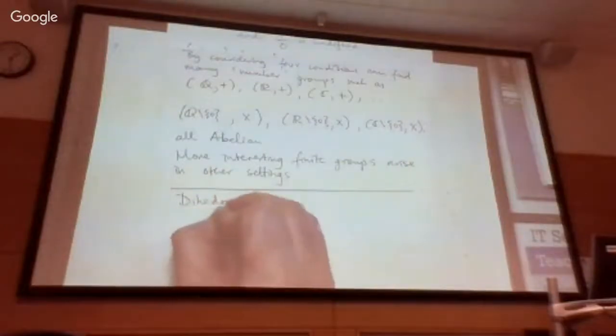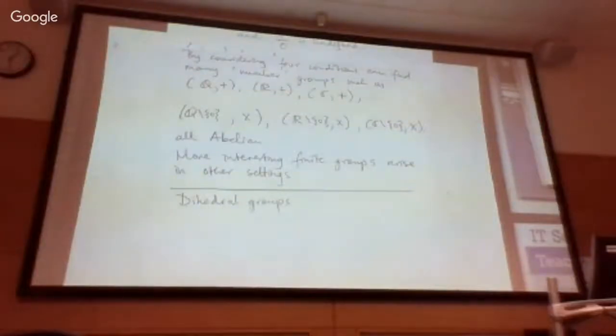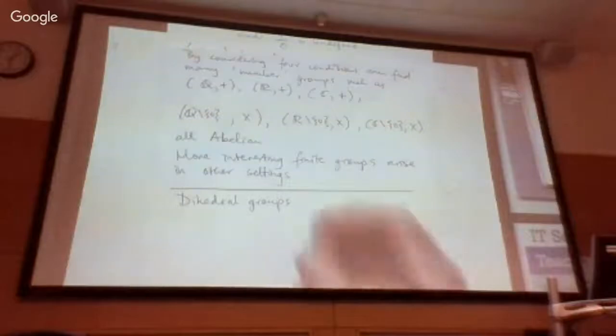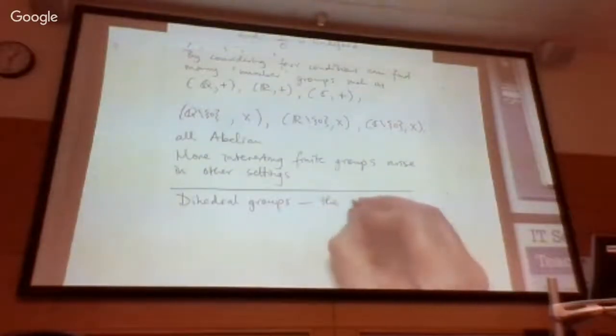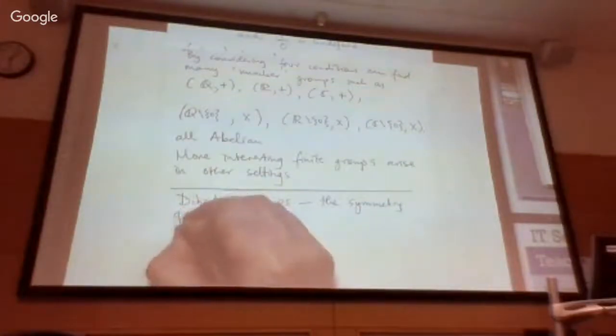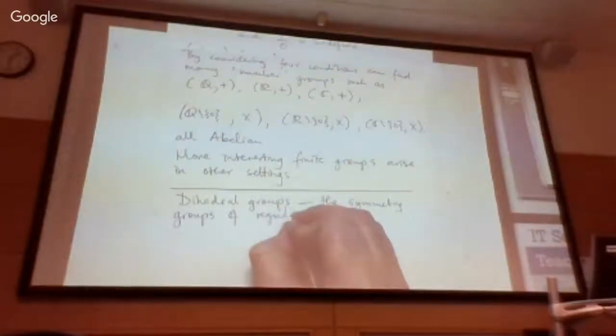Okay. So the term for these is dihedral groups. Dihedral groups. What these are the symmetry groups. I'll explain this terminology now. These are the symmetry groups of regular polygons.